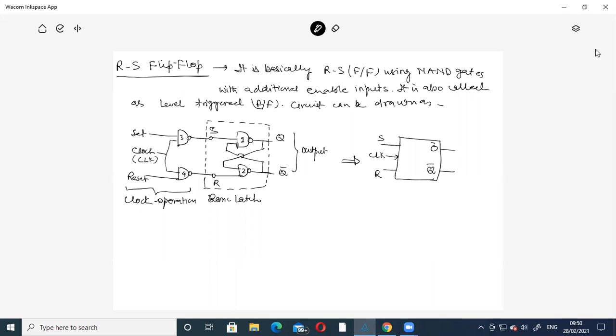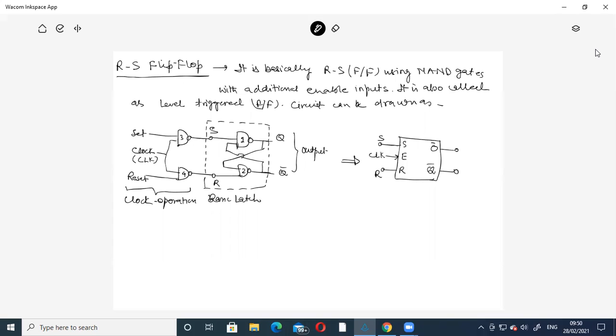So these are the two inputs, and here it is two outputs. So this one is SR, and this is Q and Q dash.